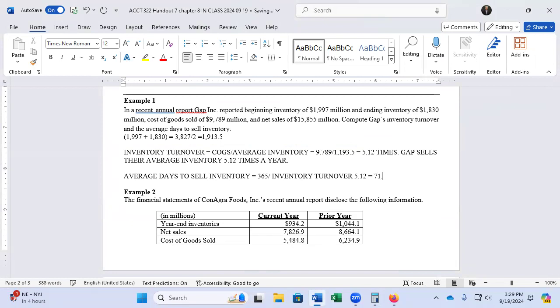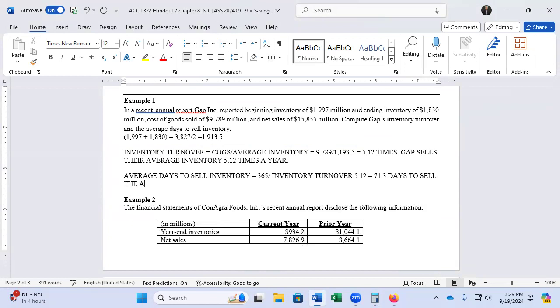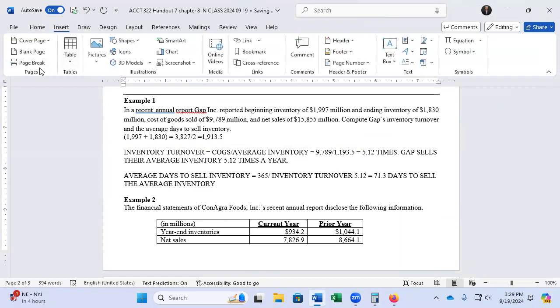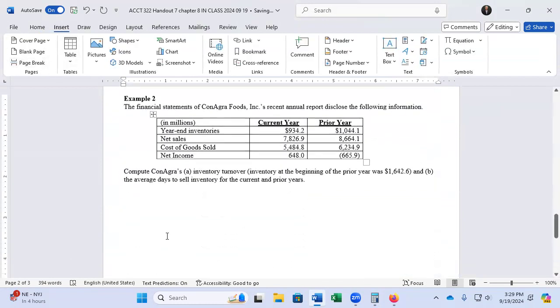And so that would be 71.3 days to sell the average inventory. And then the last thing before we get out of here.